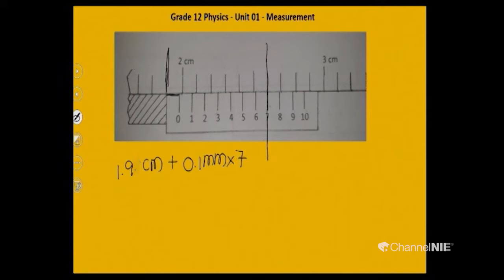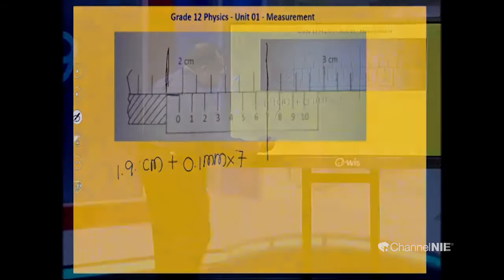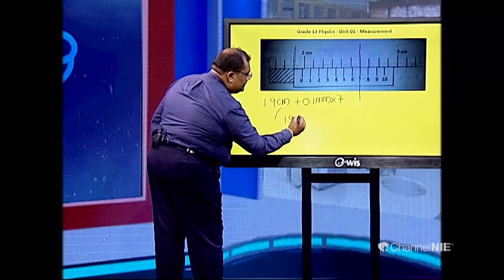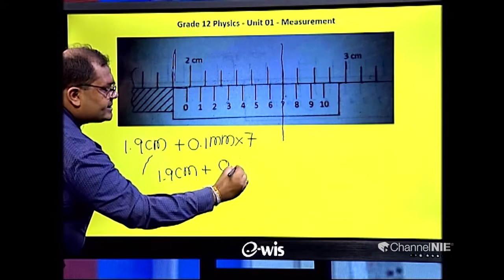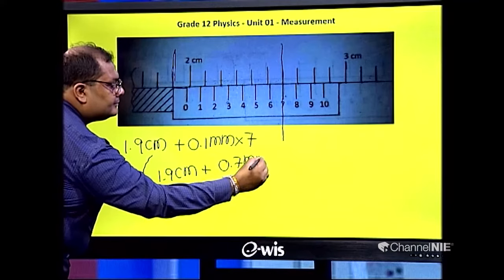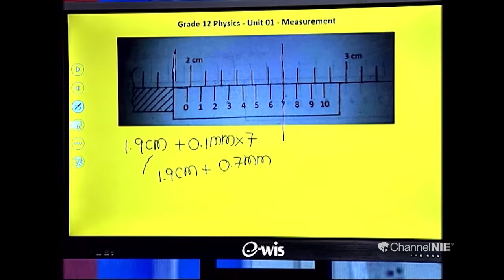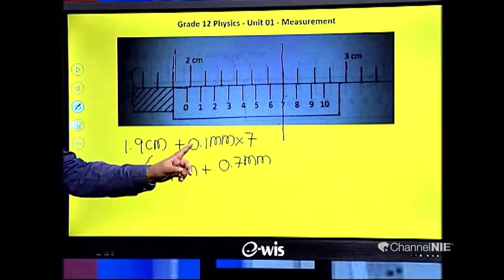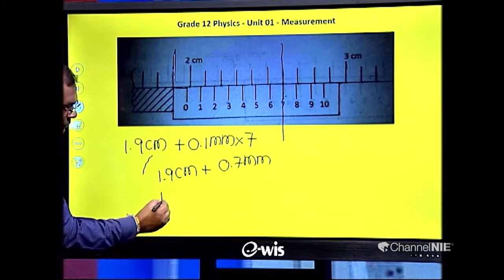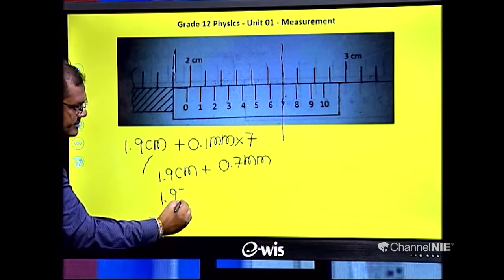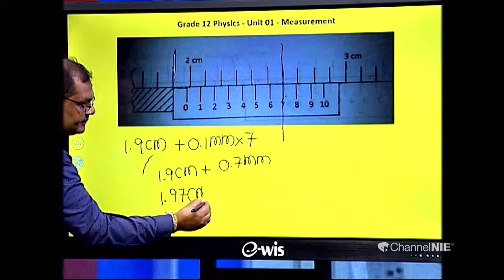Then you can see 1.9 centimeters plus 0.7 millimeters. To add them together, we have to convert this to centimeters, 0.07 centimeters. Therefore, the reading here is 1.97 centimeters.